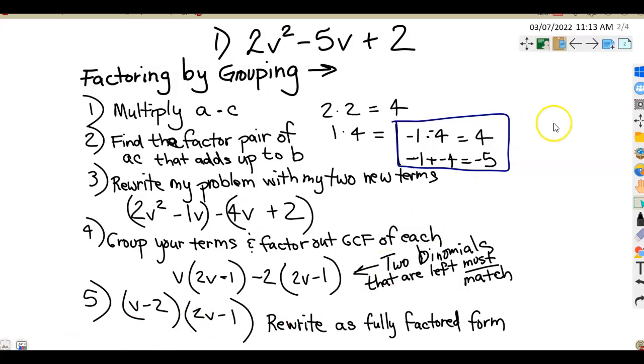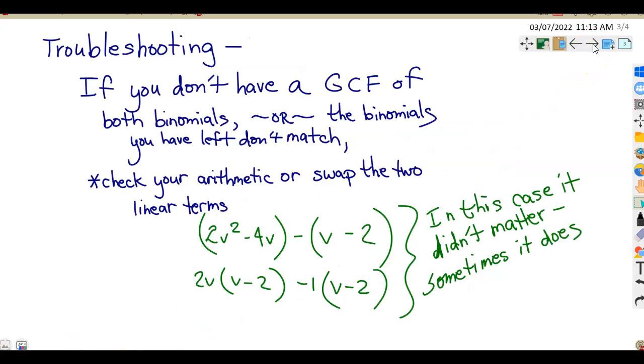So let's take a look at troubleshooting. If you don't have a GCF of both binomials when you go to look for one, or the binomials you have left don't match, check your arithmetic or swap the two linear terms.